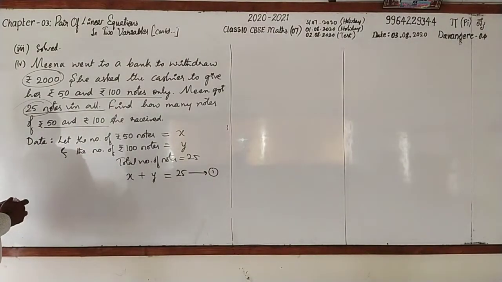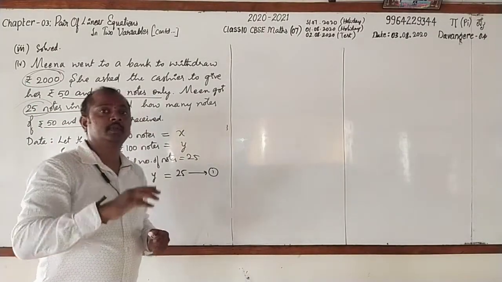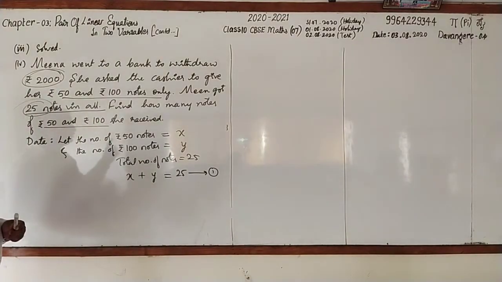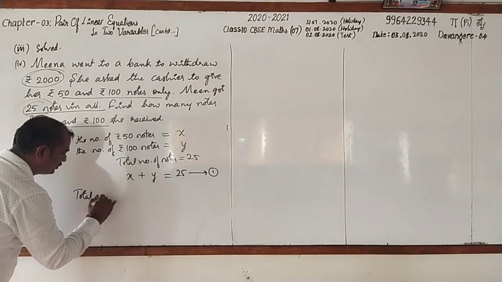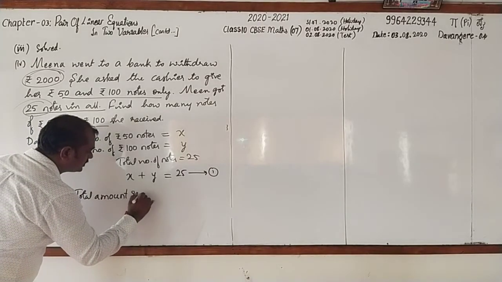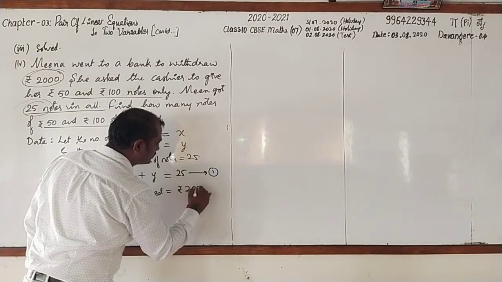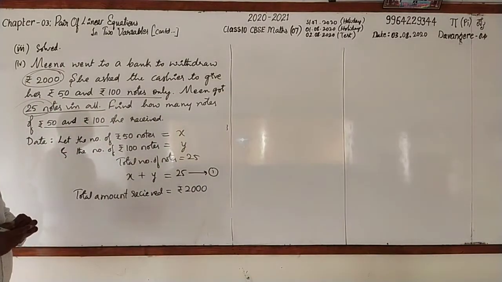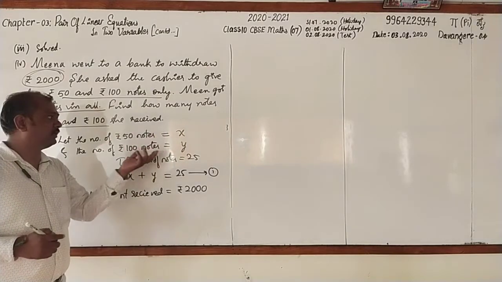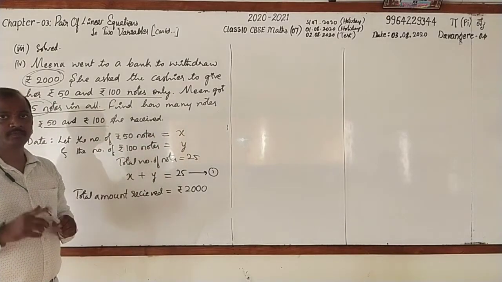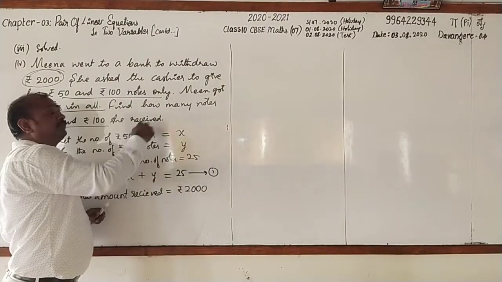Next. What is the total amount withdrawn by Meena? It is 2000 rupees. Here I will write total amount received from the bank. It is rupees 2000, and this 2000 includes x number of 50 rupee notes and y number of 100 rupee notes. Clear? Could you tell what is the amount of 50 notes?